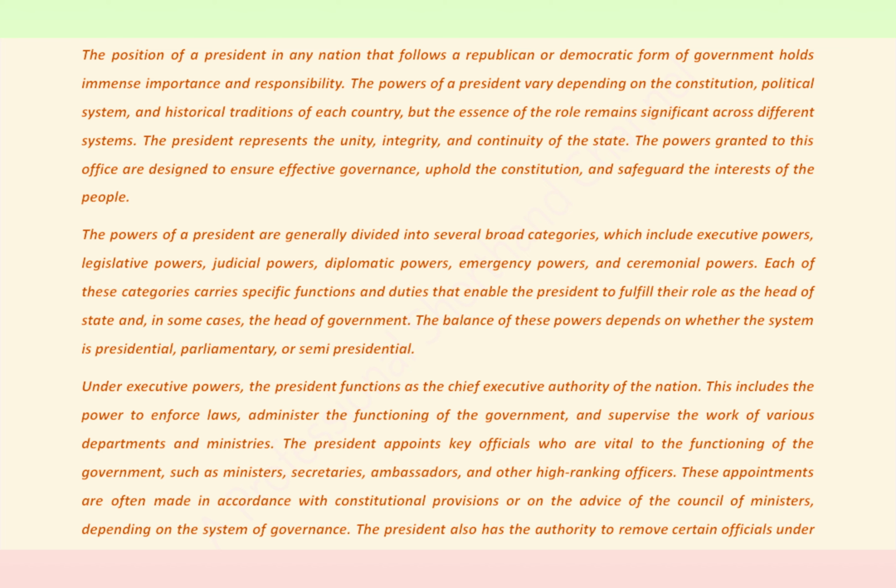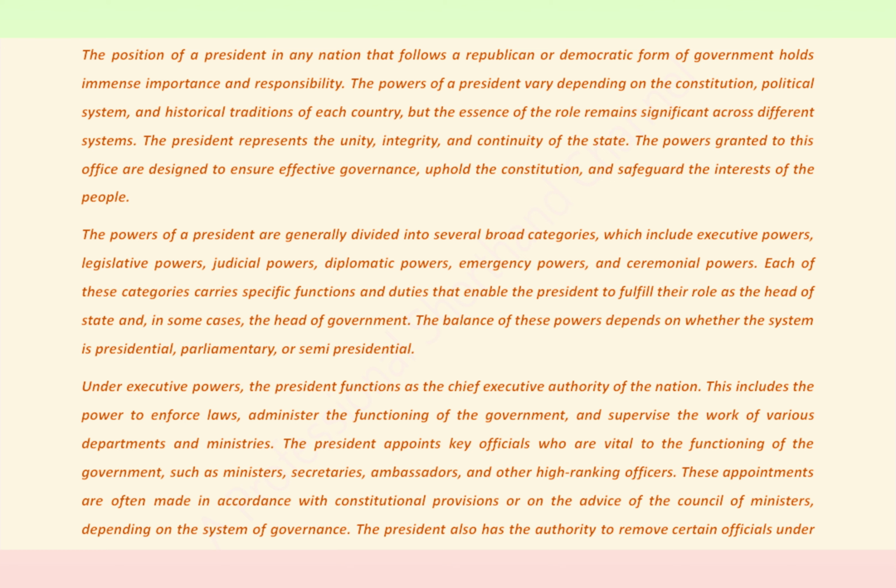Under executive powers, the president functions as the chief executive authority of the nation. This includes the power to enforce laws, administer the functioning of the government, and supervise the work of various departments and ministries. The President appoints key officials who are vital to the functioning of the government, such as ministers, secretaries, ambassadors, and other high-ranking officers.